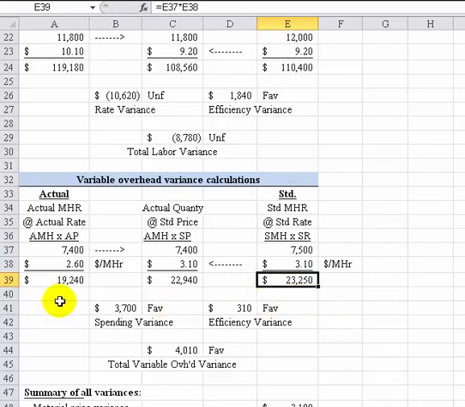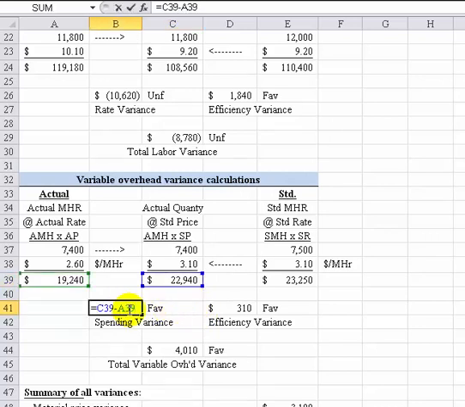And now the rest should look very much similar to what we've seen before. If we slide the 7,400 over to come up with actual quantity, slide the 3.10 over to come up with the standard price, we create this middle ground, or no man's land. And then we can compare the 19,240 to the 22,940 to compute a spending variance, right?